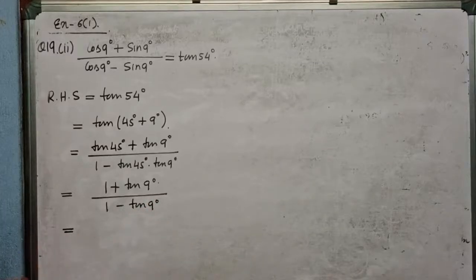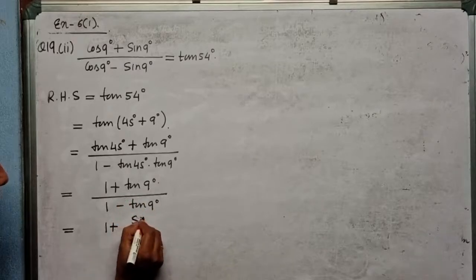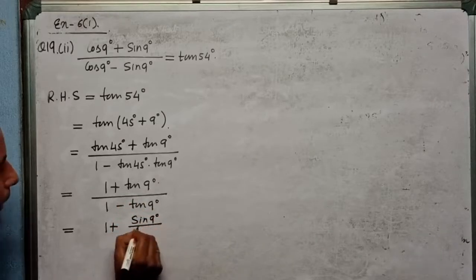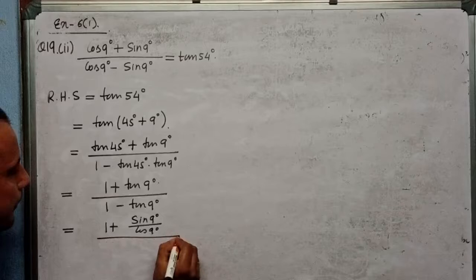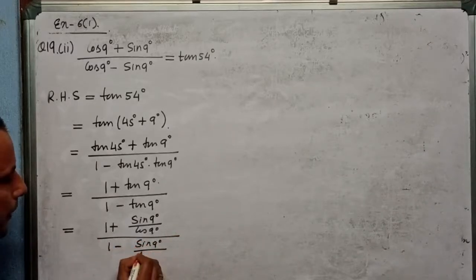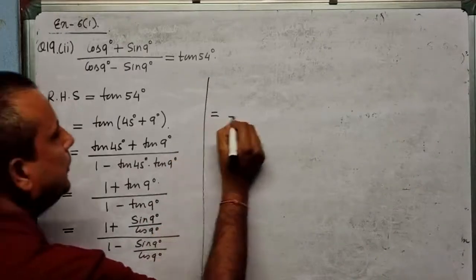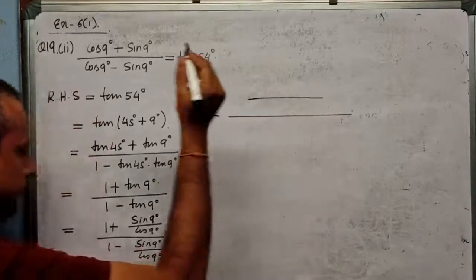Now I'll convert this tan in terms of sine and cos: 1 plus sine 9 degree over cos 9 degree, divided by 1 minus sine 9 degree over cos 9 degree. Now I'll take the LCM. In both numerator and denominator, the LCM is cos 9 degree.